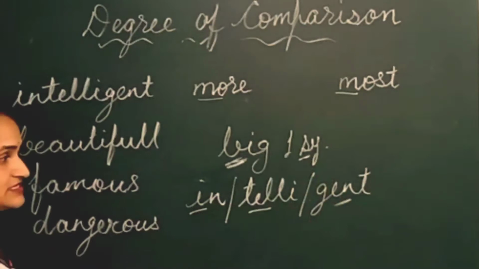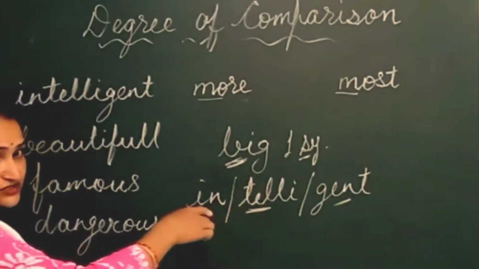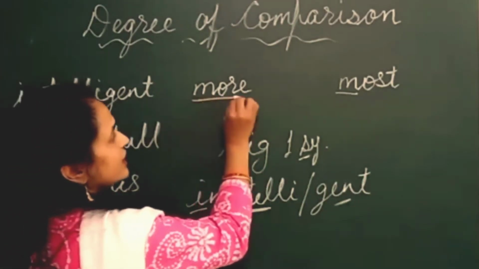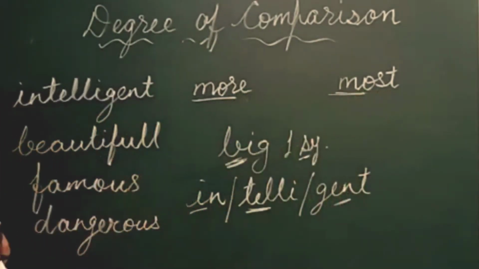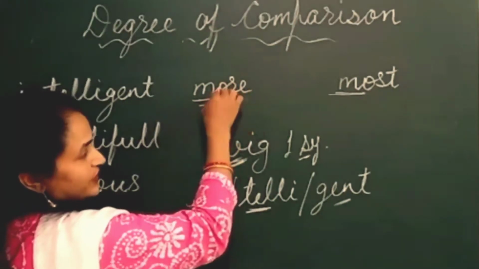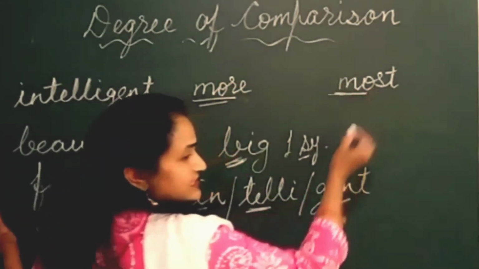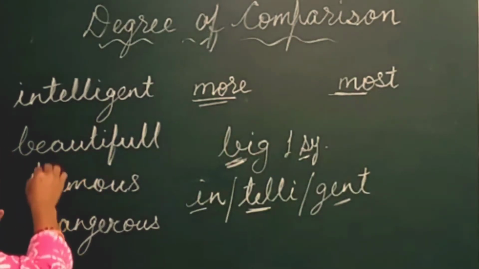So to make this type of adjective comparative and superlative, we use more and most with these words: more intelligent is the comparative degree, and most intelligent is the superlative degree. Next is beautiful.